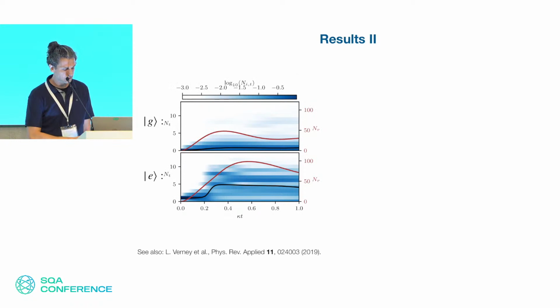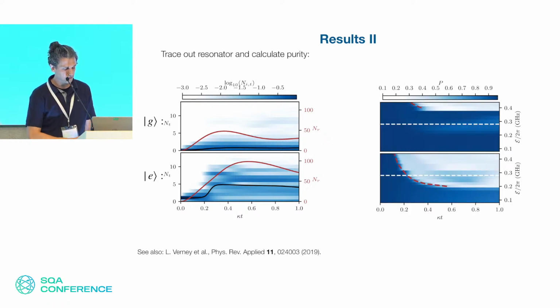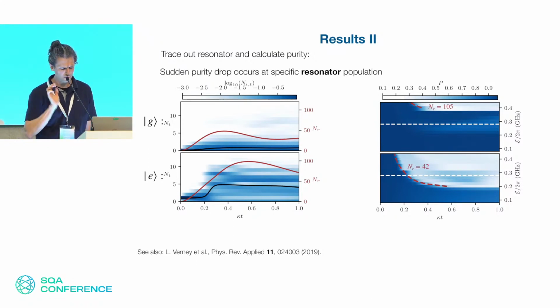And in particular, if we monitor the resonator population, we see that there's a very neat correspondence to the resonator population. By tracing out the resonator and calculating the purity of the transmon reduced density matrix, we see that this ionization threshold is associated with a specific drop in purity. And this drop in purity happens at a very definite number of photons in the resonator.